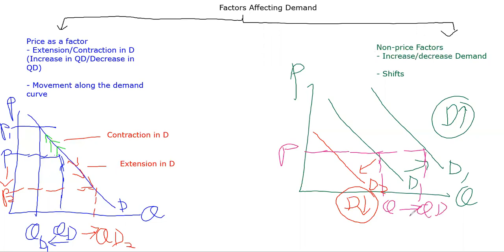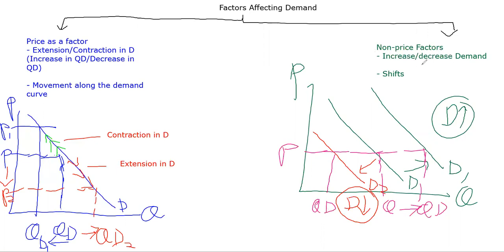I'm talking about the same price: the rightward demand curve gives a higher quantity demanded, while the leftward demand curve gives a smaller quantity demanded. So if one curve gives you a greater quantity at the same price, that is obviously an increase in demand. Maybe that helps. But what you just need to remember is rightward shift is increase, leftward shift is decrease.